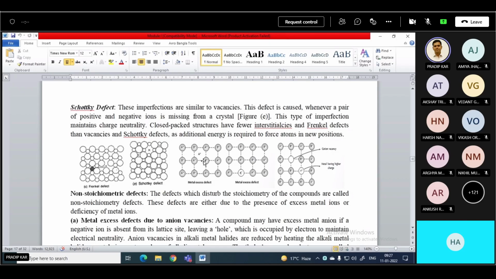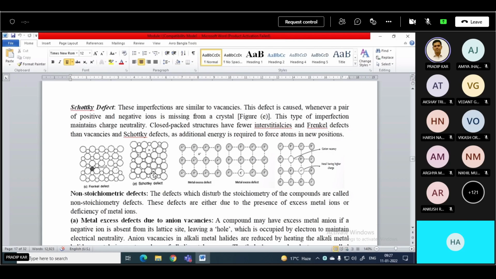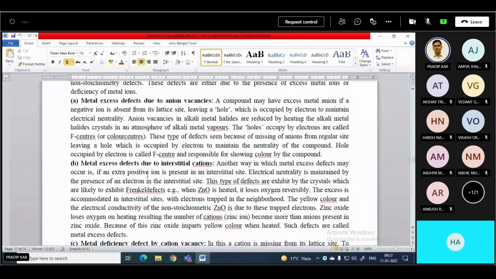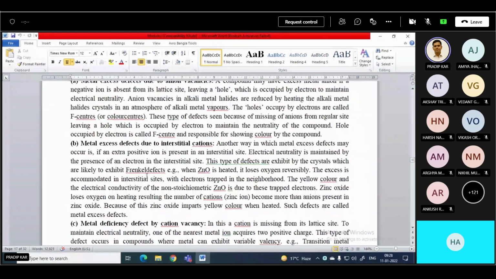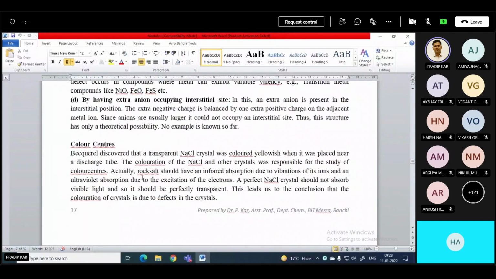In non-stoichiometric defects, the change is very little with respect to a big crystal lattice. That is why those properties are not changing. However, the semiconducting property or the optical property is very much influenced by this small defect present in the ionic crystal lattice.